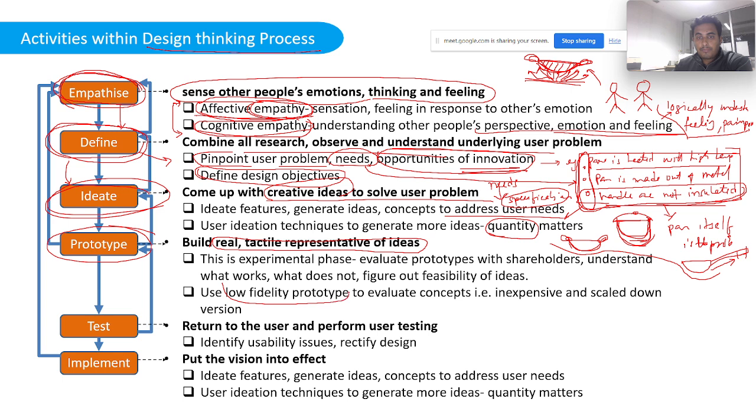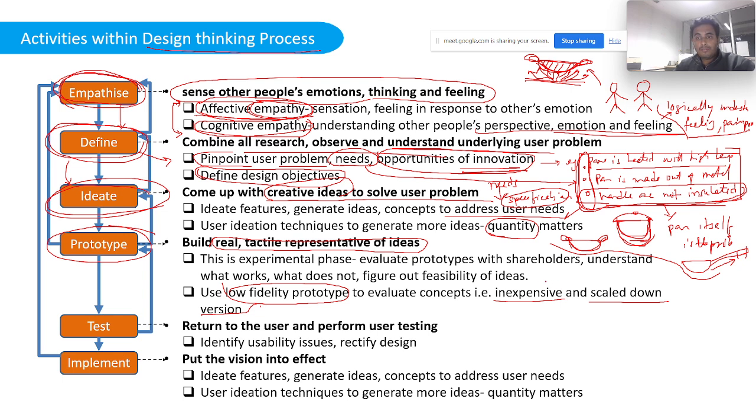Low fidelity means the prototypes which are not the actual concepts, but a representation of the actual concept using inexpensive material or a scaled down version of features. Okay, and what you are trying to see is whether from a usability perspective this will serve the purpose.